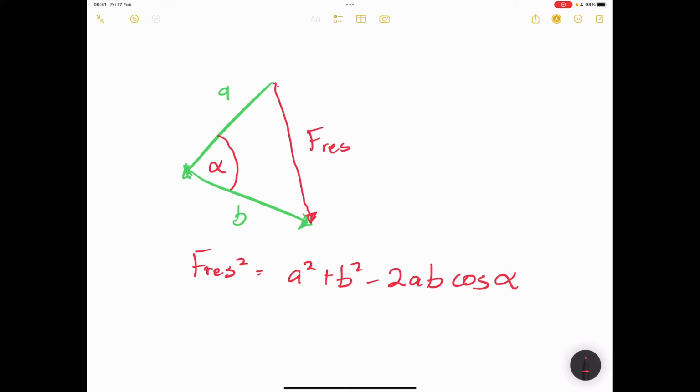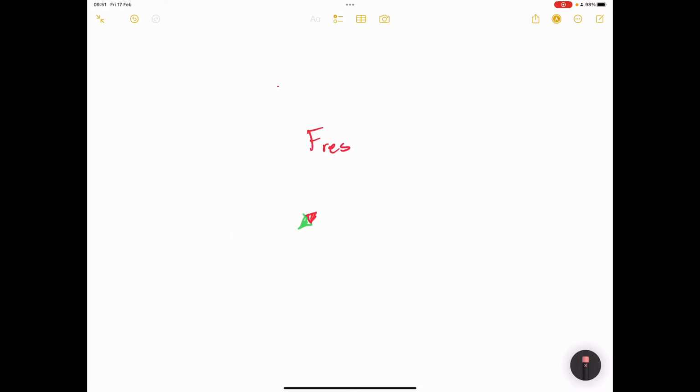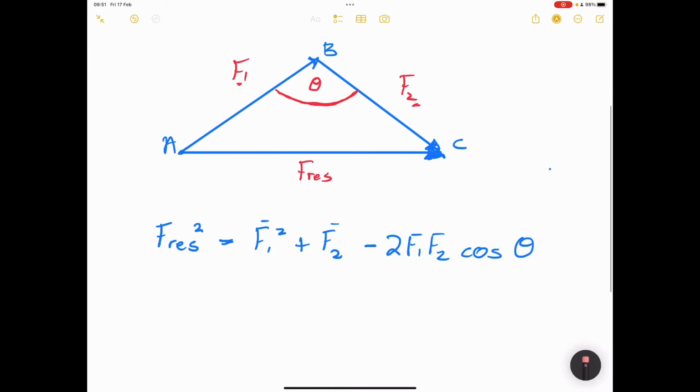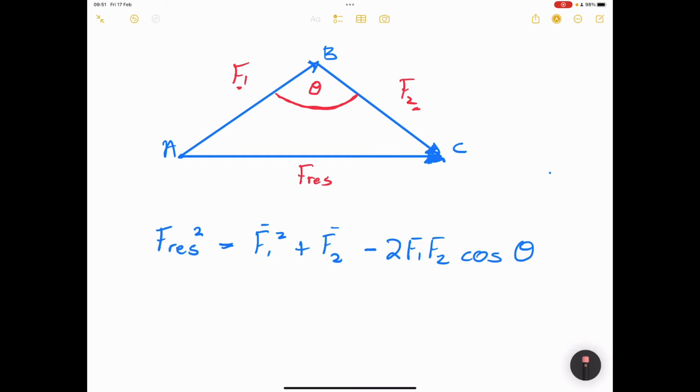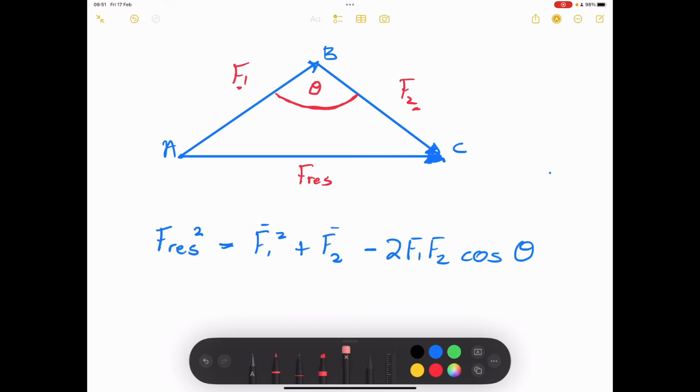Please remember that is how the cos rule works. I just wanted to take a different type of drawing so that you could get an appreciation for this principle.